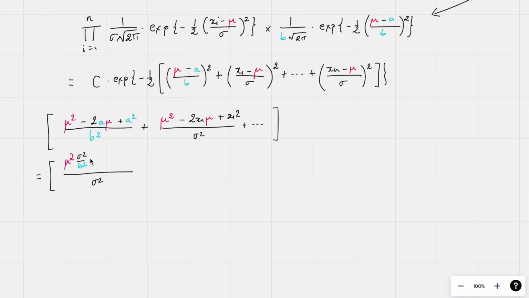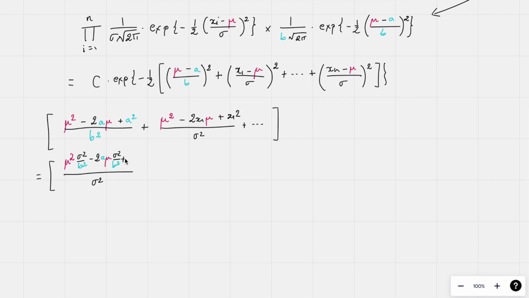And the other terms look quite similar. So this is minus 2a mu. And again, I have this term here that appears, sigma squared divided by b squared. It's getting a little packed here.